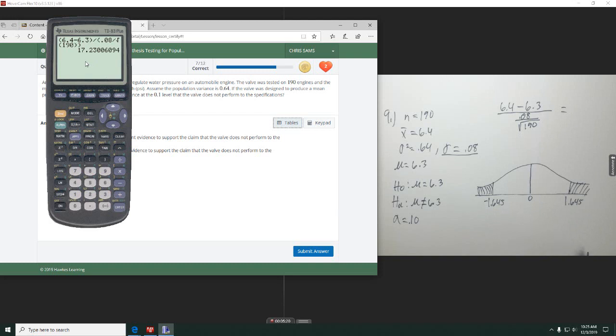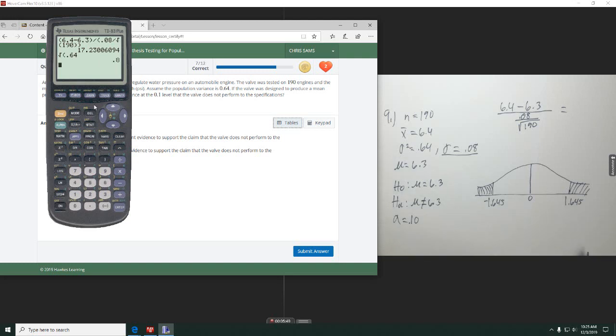Okay, so we get, oh, this is a really big number. That looks okay. Let me just verify that I got my standard deviation correct. So 17 is what I got. Second square root of 0.64. Oh, it's 0.8.